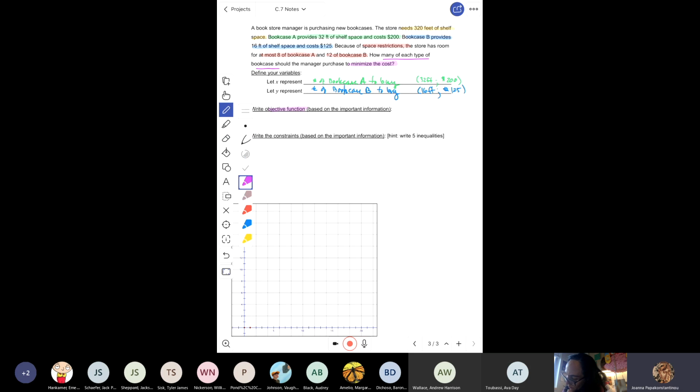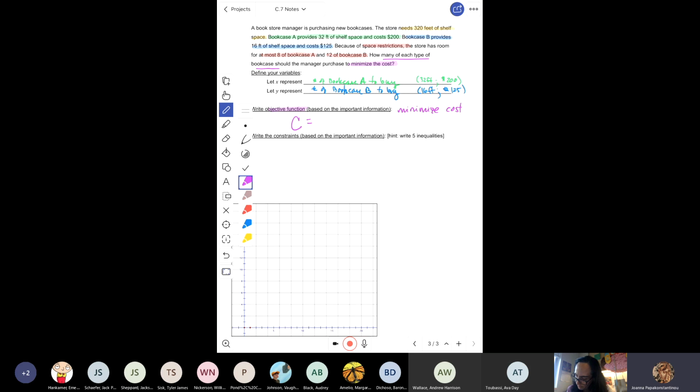Now, my objective function is to minimize cost. So my objective function is going to deal with how much these things cost. I'll call it C for my objective function; you can call it whatever you want. My cost is a function of buying bookcase A and bookcase B. Does anybody think they can come up with the objective function?